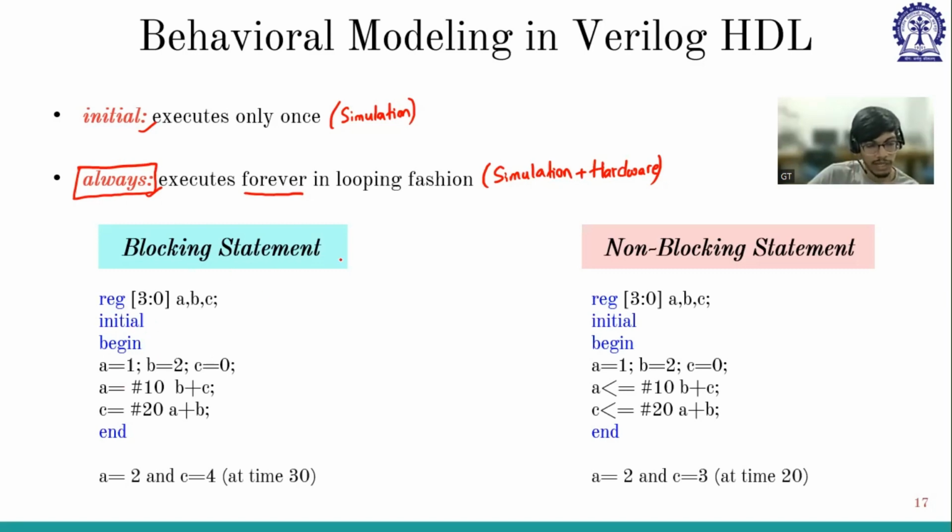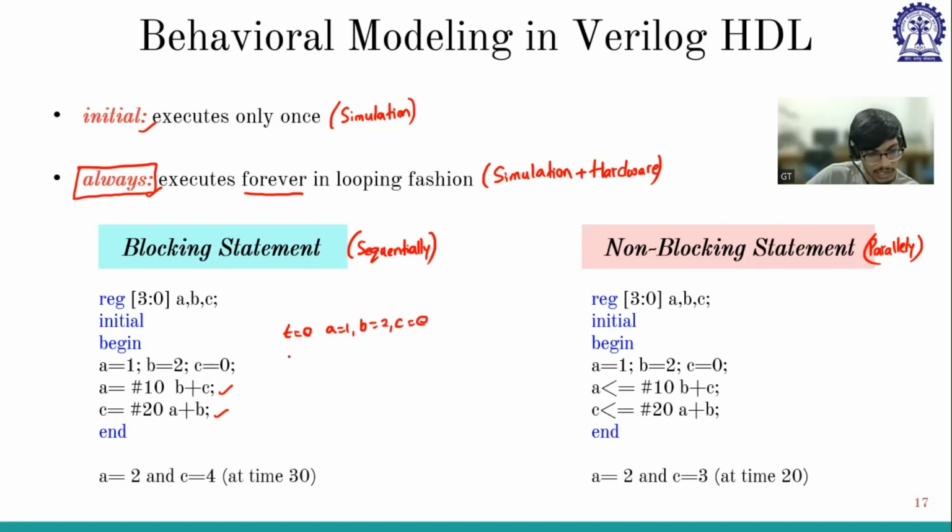Blocking statement means it will be executed sequentially, and non-blocking statements mean it will be done parallelly. So if I write a equal to, first this line will be done, then the next line. At t equal to 0, we have a equal to 1, b equal to 2, c equal to 0.